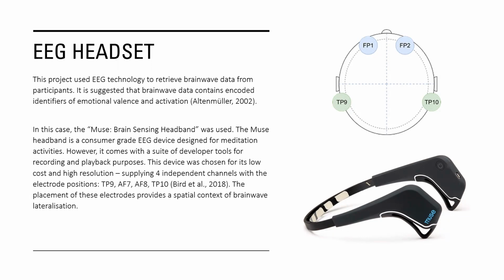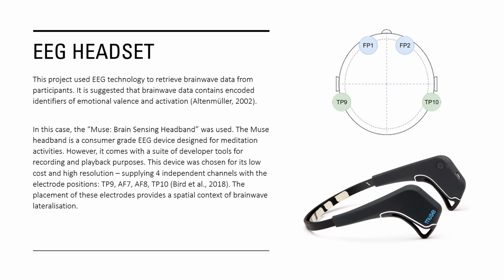In this project, the Muse brain headband was used. It's a consumer-grade EEG device designed for meditation activities, but it comes with really good recording and playback tools, and it's quite inexpensive as well, about £120 for the second generation model.